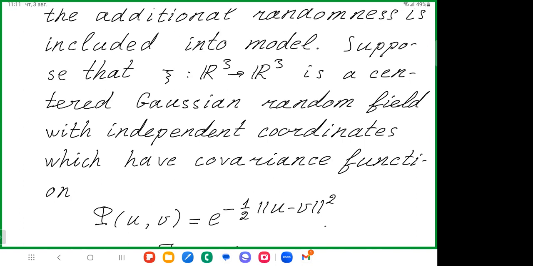From the other side, Xi has covariance which rapidly decreases when the norm of u minus v tends to infinity. So the values of Xi on different domains of R3 are almost independent. You remember that for Gaussian processes, the covariance is responsible for independence.